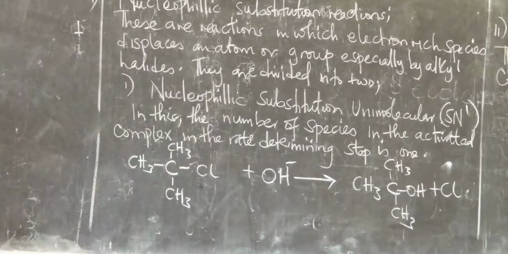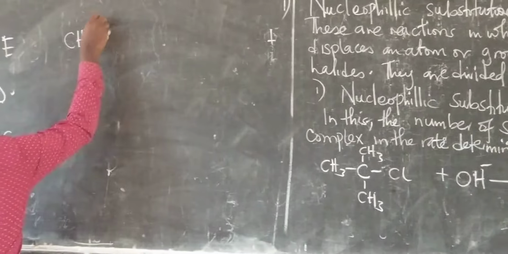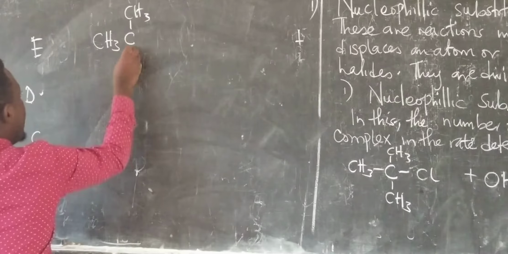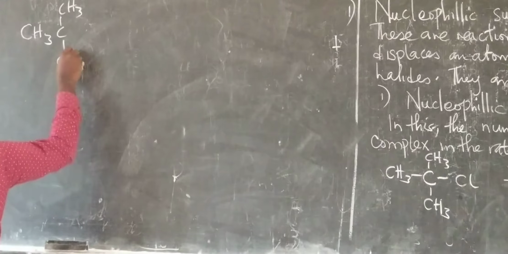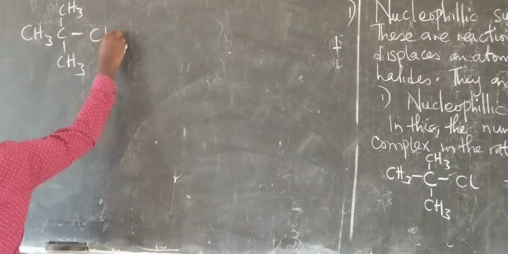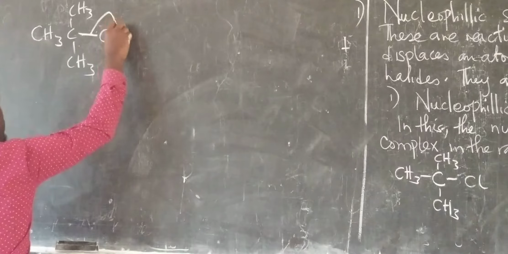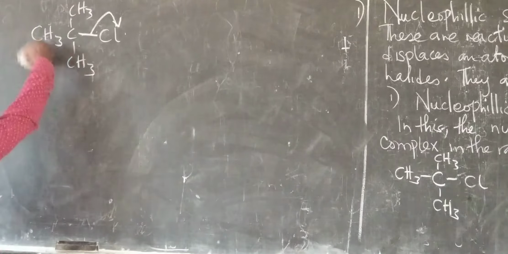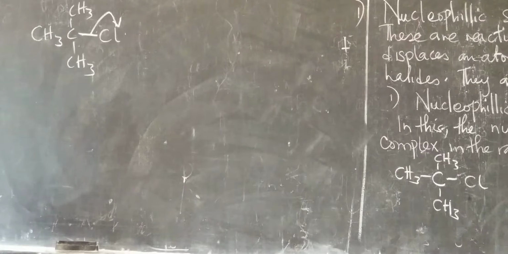So what we are going to have is the CH3, C, then CH3 here, then CH3 here, then Cl. So the carbon chloride bond will first break off. So this one here is going to be our activated complex.